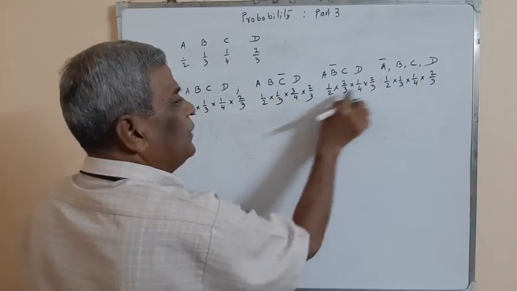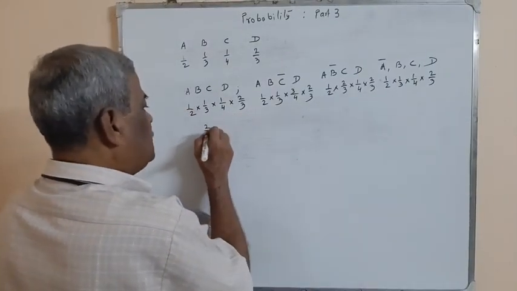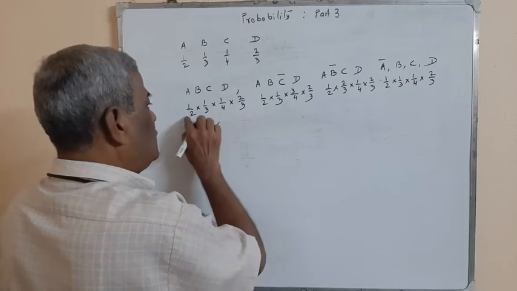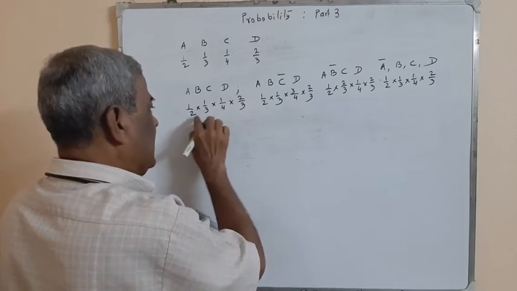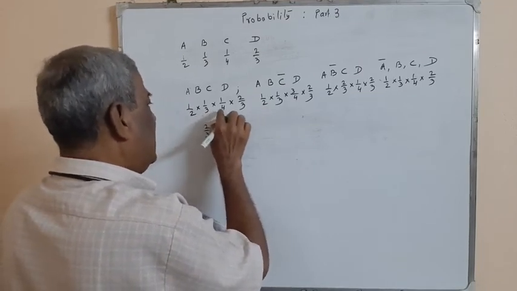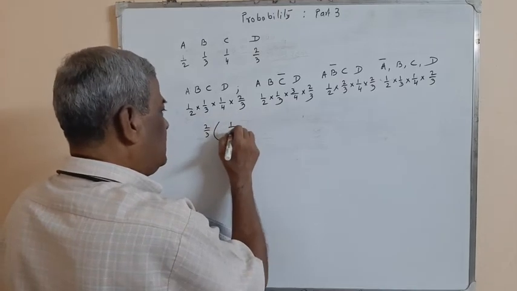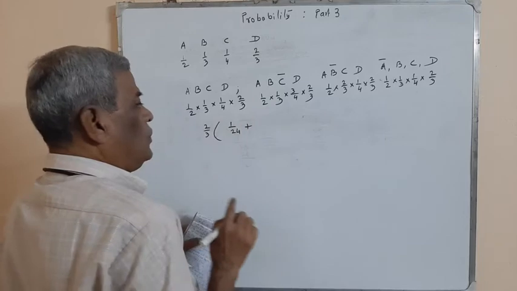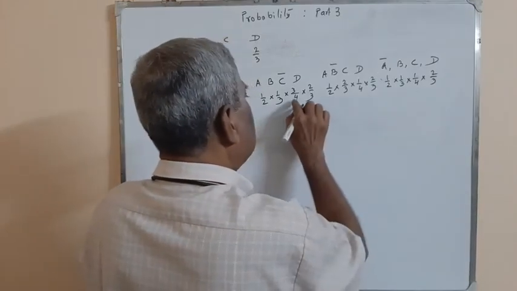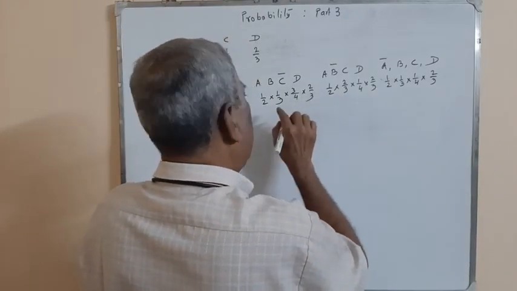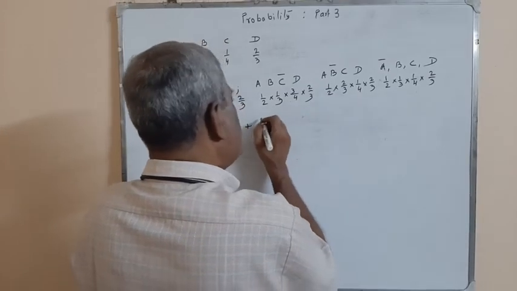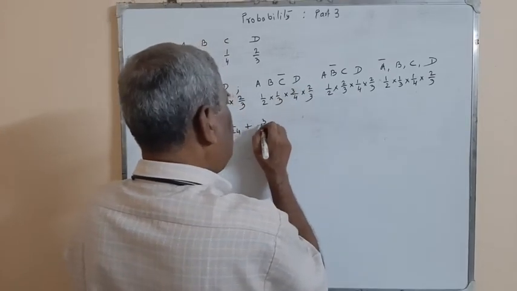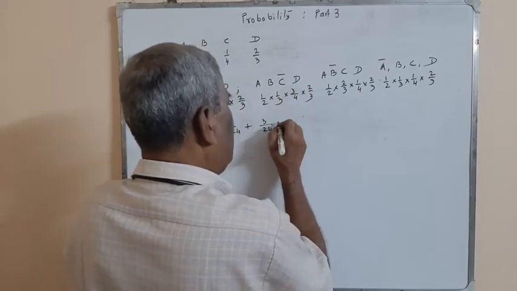That is, 2 by 3 can be taken common from there, 2 by 3 into, this is they together 1 by 24 plus 4, 3, 24. In that case, 2 by 3 into it is 3 by 24.